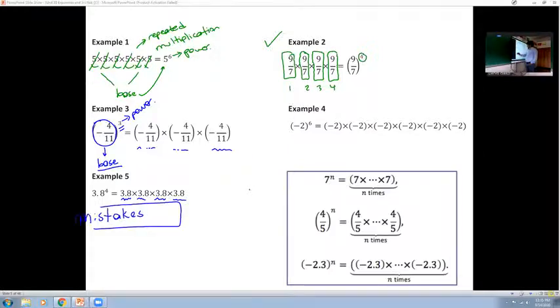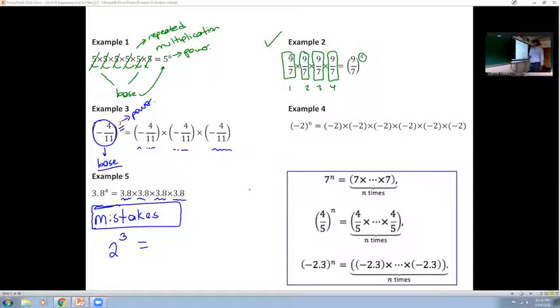For example, 2 cubed. What is it equal to? You are basically saying 2 is supposed to be multiplied by itself 3 times, right? 2 times 2 times 2. But sometimes students keep forgetting and put it like this: 2 times 3.